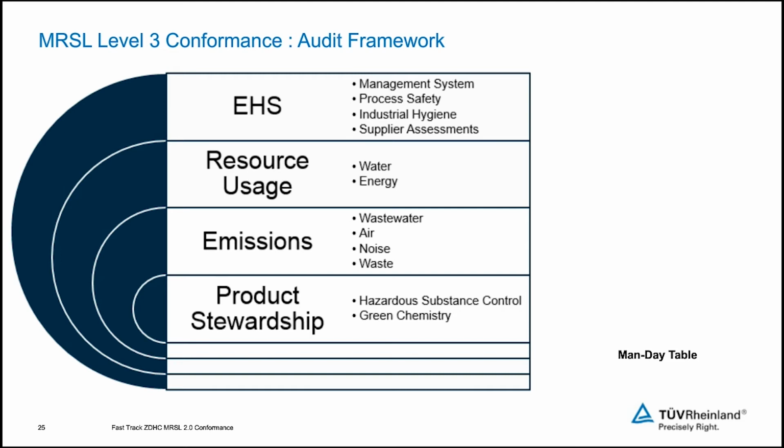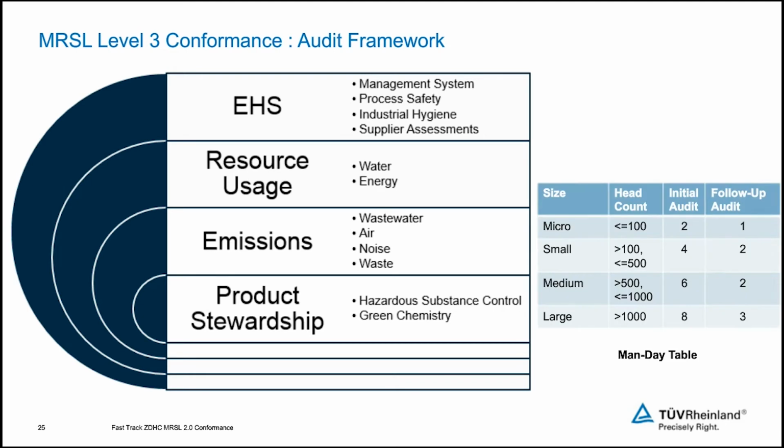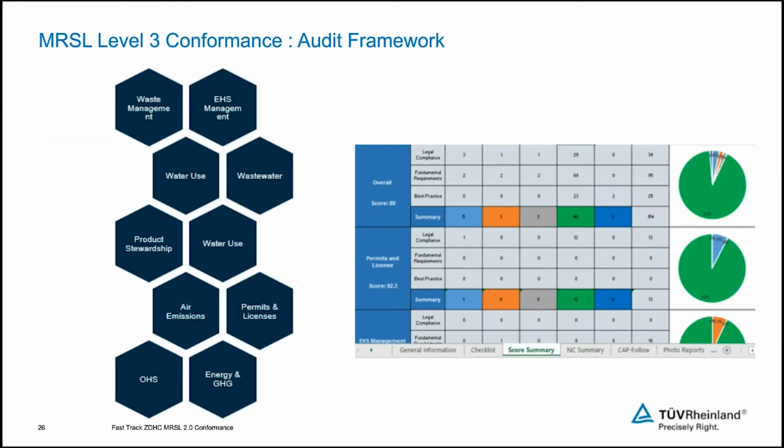The initial audit will take, depending on factory size, between 8 days. By looking at the individual and overall scoring of the production site, the expert can evaluate and assess the level 3 compliance of the production facility.